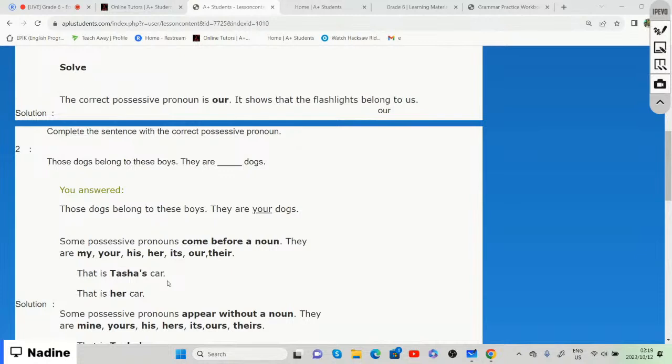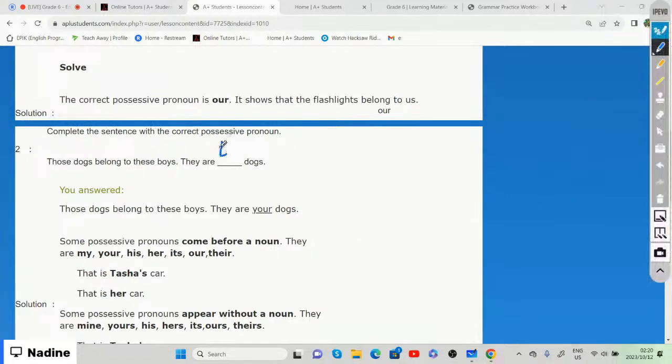So those dogs belong to these boys. So if it belongs to these boys, then we can say that it is their dogs, because it belongs to these boys.